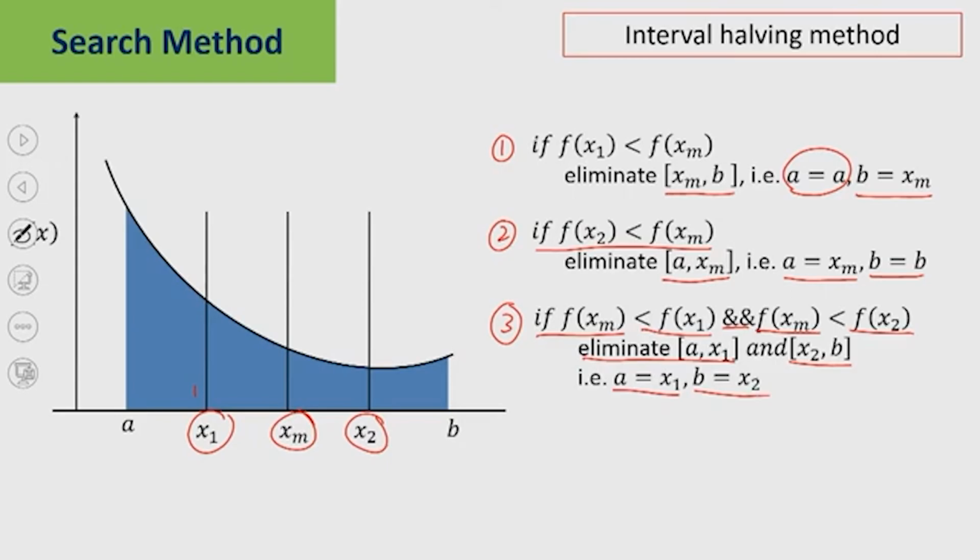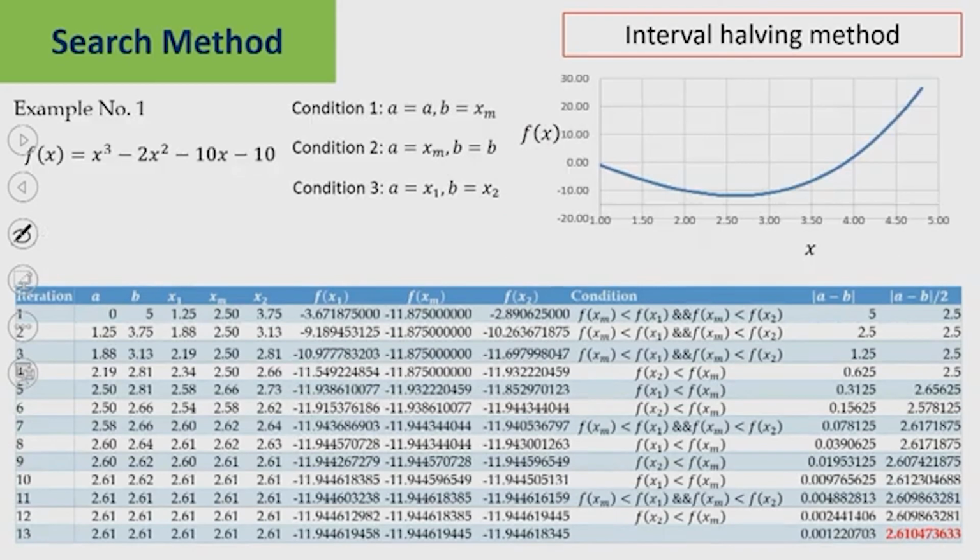So, if you take these 3 points, one of these 3 conditions will be true, and accordingly you will change your lower bound and upper bound. Okay. So, let us apply. As I said, I have taken this function between 0 and 5, that means lower bound is 0, upper bound is 5, and within that region this particular function is a unimodal function.